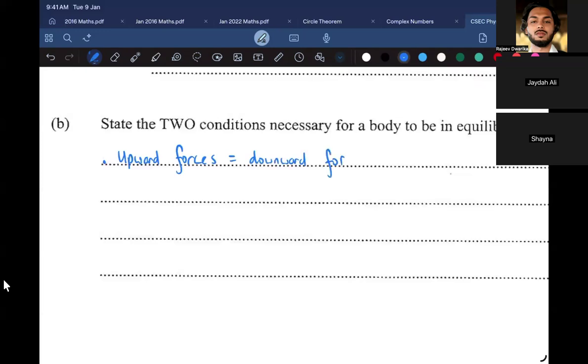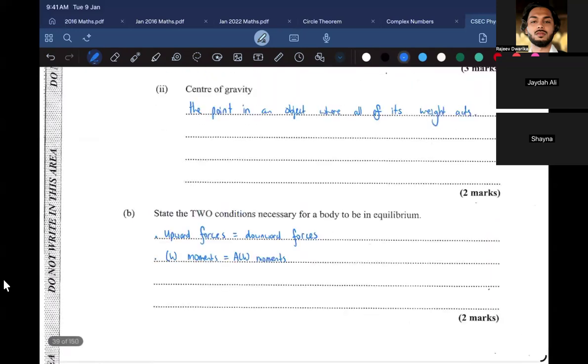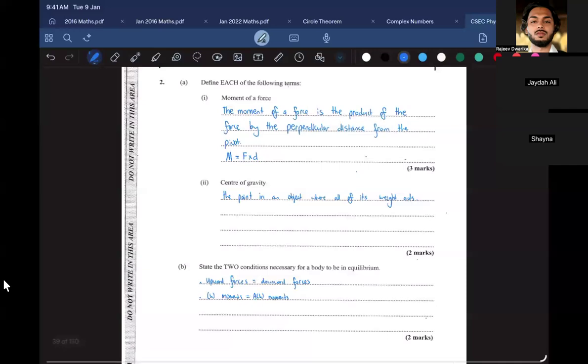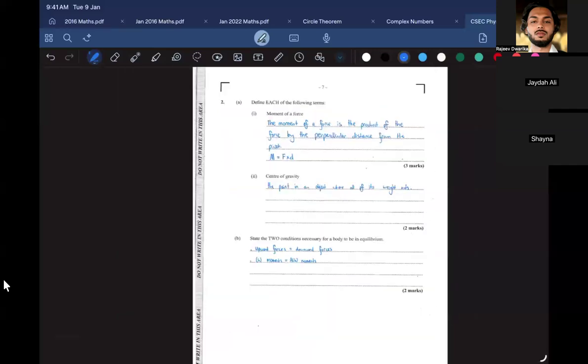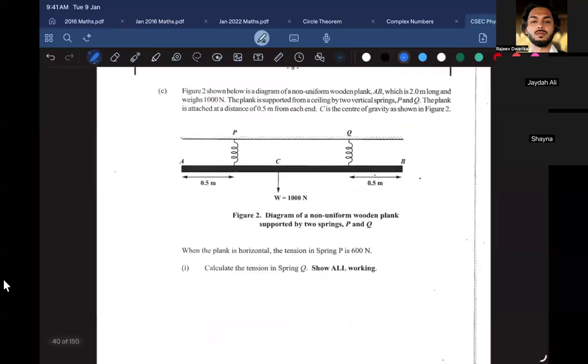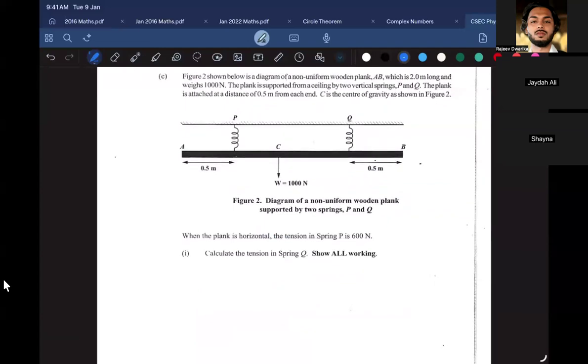And the clockwise moments must be equal to the anti-clockwise moments. Right. Nice. So far we get 3, 4, 5, 7 marks. Lovely. Physics is very easy to pass. I'll say that much.